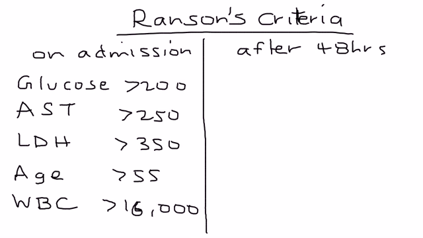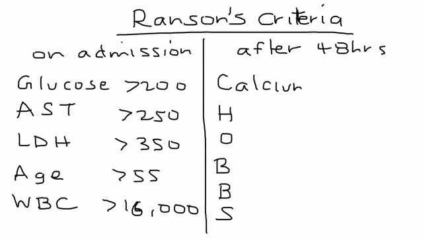After 48 hours, you have another set of lab tests and diagnostic findings. And there's a cartoon called Calvin and Hobbes, so that's how I remember it. C is for calcium, less than 8. H is for hematocrit decrease of greater than 10%.